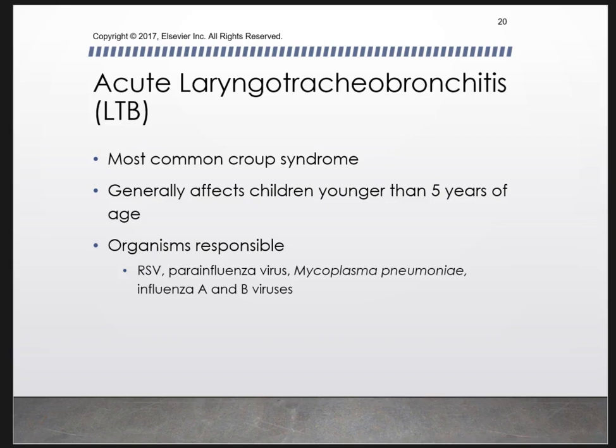And so that's where you get that very characteristic inspiratory stridor noise. And if you don't know what I'm talking about when I say stridor, please look that one up on YouTube. It's an important one. Very, very characteristic sound. Okay. And then there's also going to be suprasternal retractions because they're not getting enough air in.